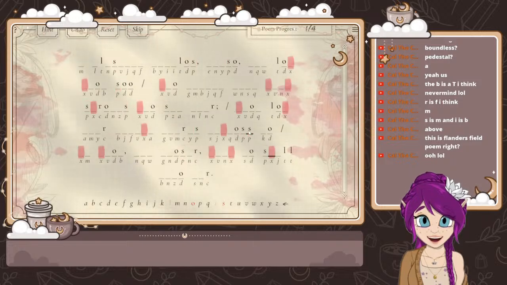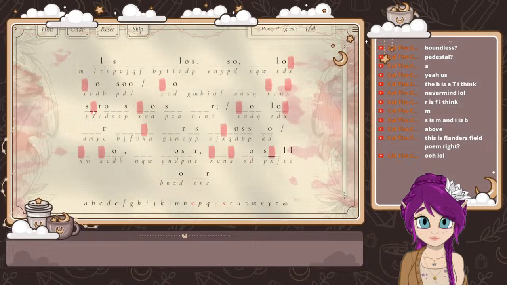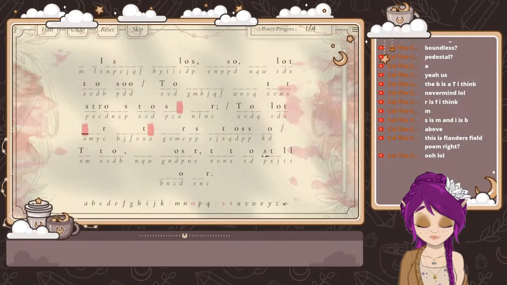I guess L then? So, that works, that works. Lot? Still? Is this still?